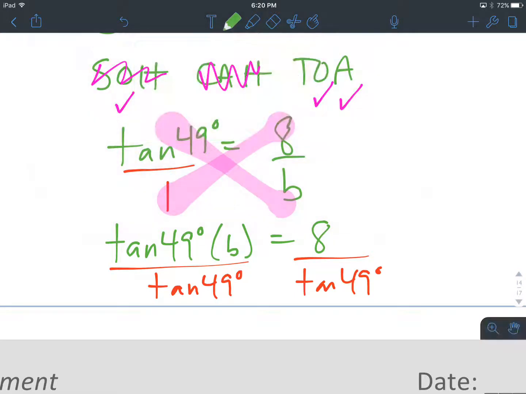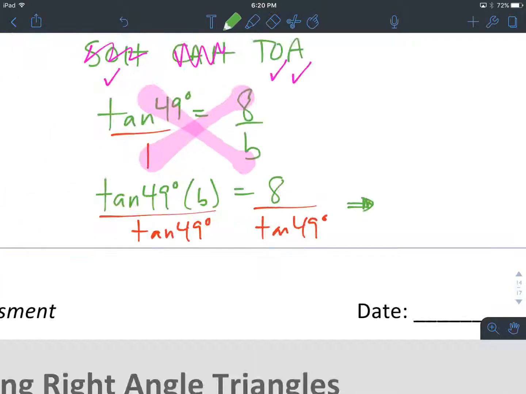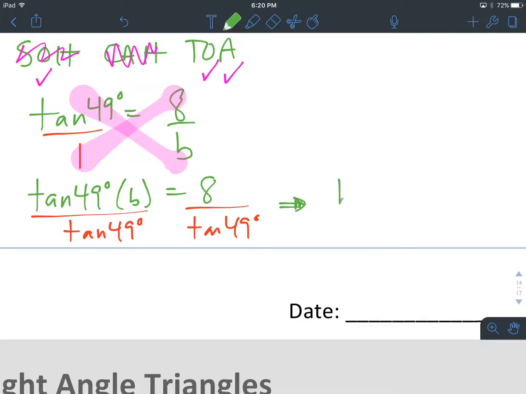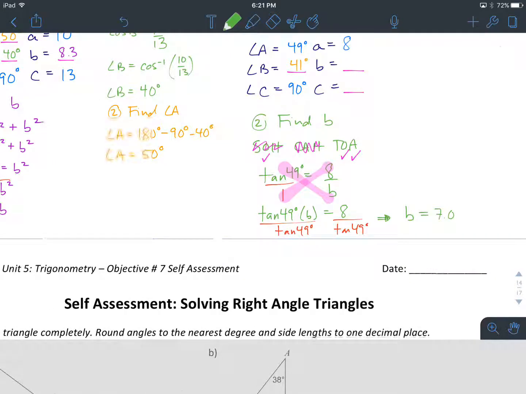Oh well, we're going to go sideways. Don't do this at home if you can help it. So I'm going to get side b equals 8 divided by tan of 49. So let's do that. 8 divided by the tan of 49 degrees, and that's going to give us 6.95, so 7.0. That's side little b.